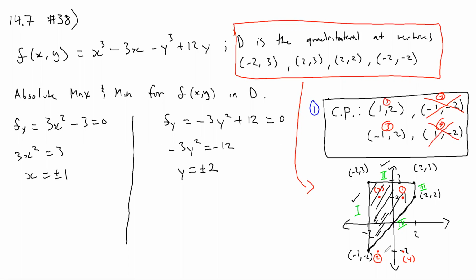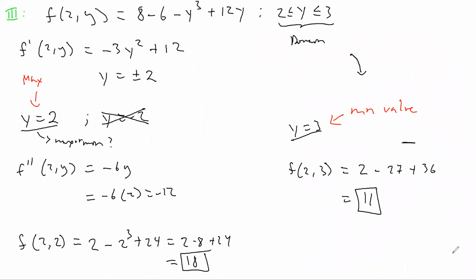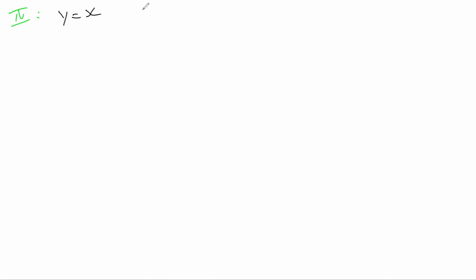We can also say that the domain for x is going to be from -2 to 2. So -2 is less than or equal to x, which is less than or equal to 2.